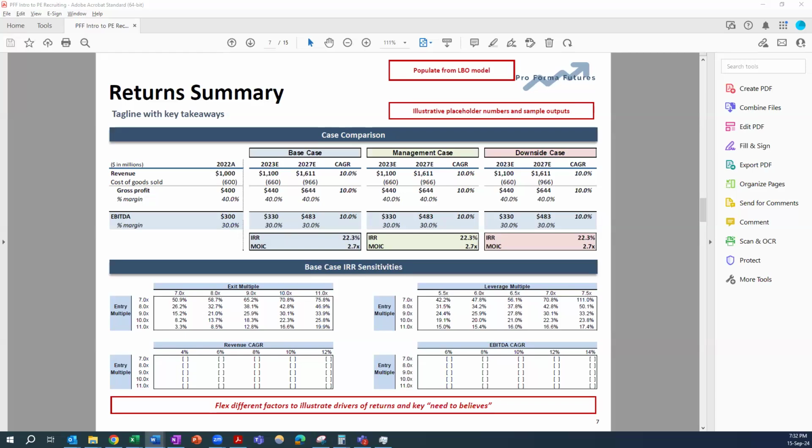You didn't just regurgitate the sim. I thought about it. Here's what I think's important. Here's how that flows through to financials and ultimately returns. So maybe not this page specifically, but the base case and the downside case are important to actually sink your teeth into and really think about.